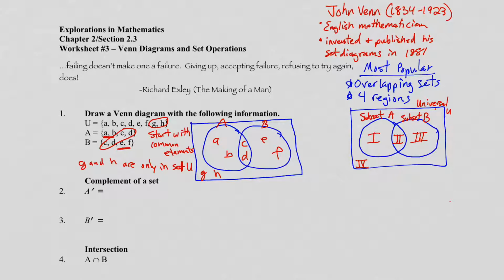The complement of a set is basically all the elements in set U, the rectangular box, that are not in set A. So what regions are not in A?